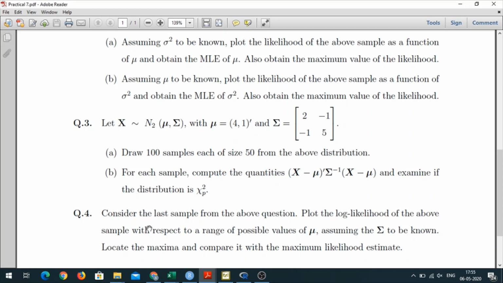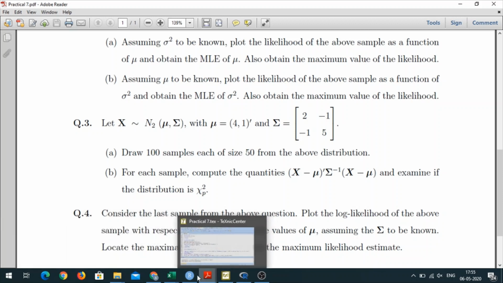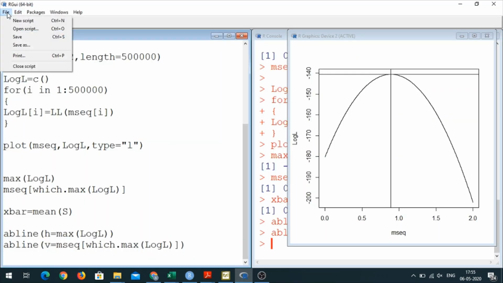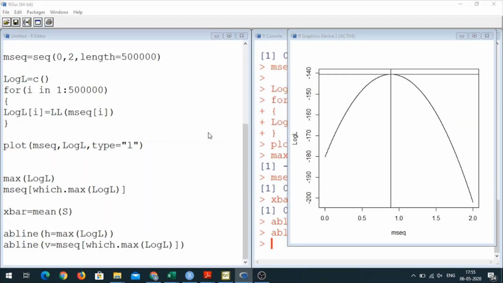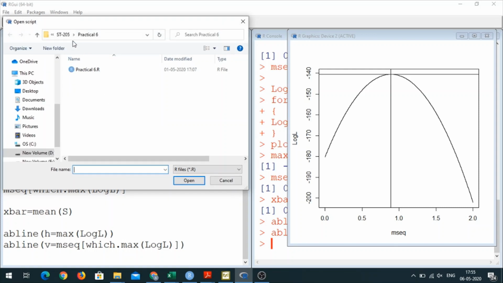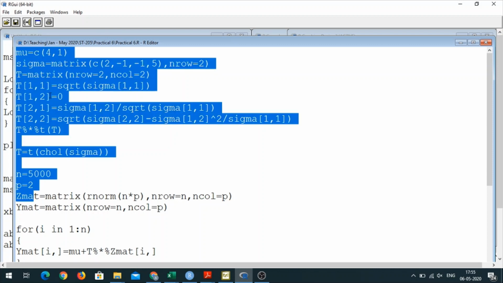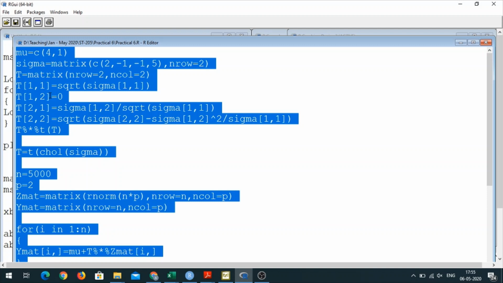Now for drawing a sample, let me use our old code, the code from the last practical. Okay, so this is the code. We will just change mu and sigma and use this code.